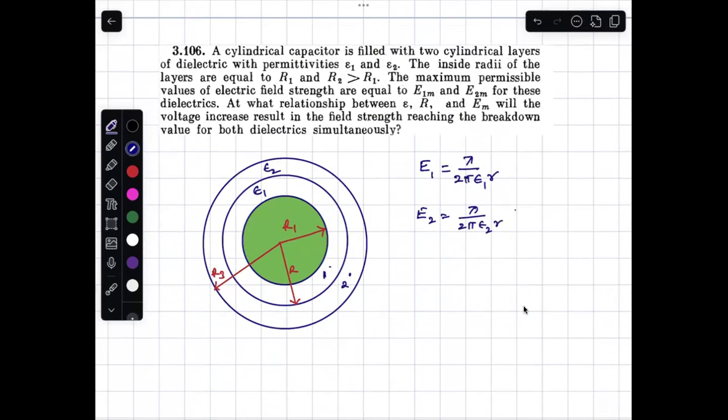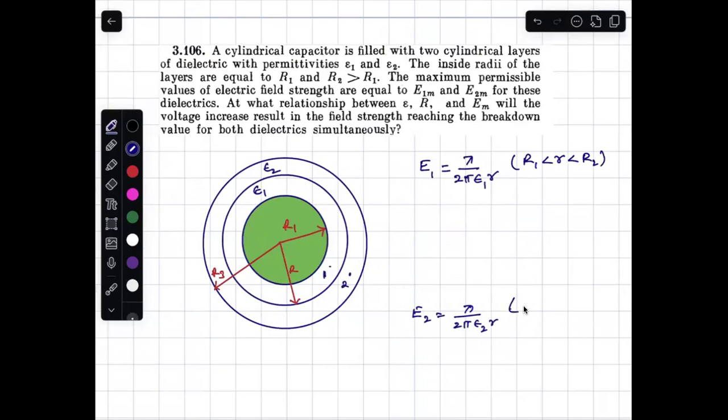Any doubt? Now, try to please understand, in this case, this is R1 less than r less than R2.